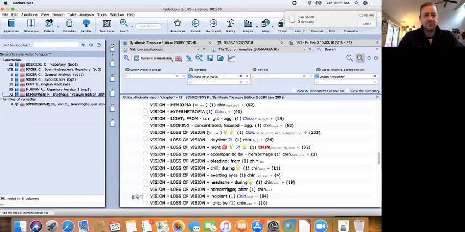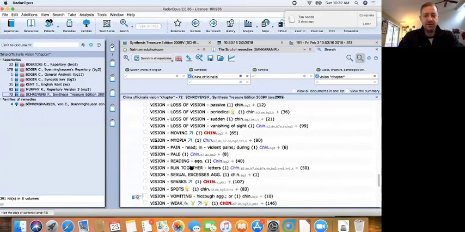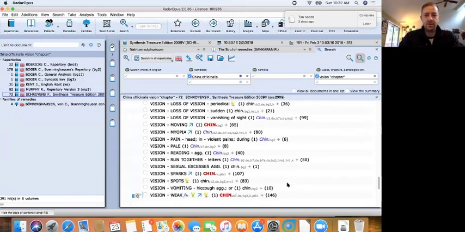Okay, so it's synonymous. So sometimes you have to look up different terms. Okay, so vision aggravated from sexual excesses. So that's just loss of vision. Okay, so the remedy does cover the spots in the vision as well, which got better.